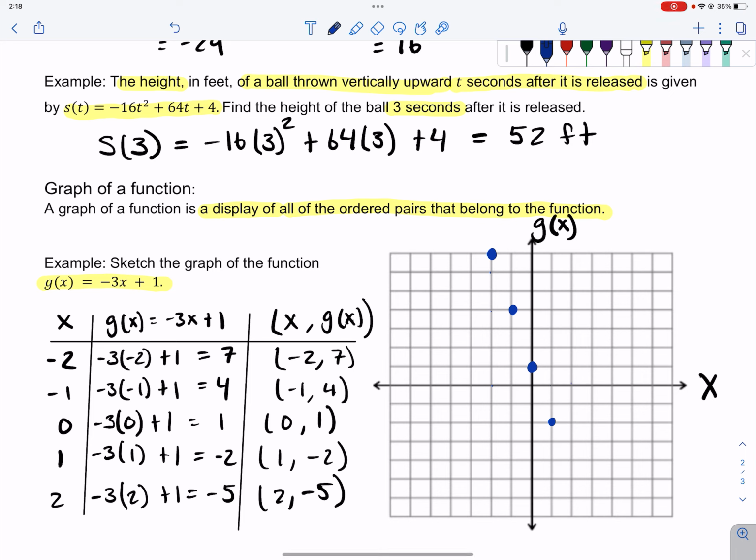So we're going to go to the right 2 and then down 5. So now we have all 5 points plotted on here, and we're going to connect those together. And this function that we had was a linear function, so all 5 of these points are creating a straight line, but we'll talk more about linear functions in 5.2 for the next set of videos.